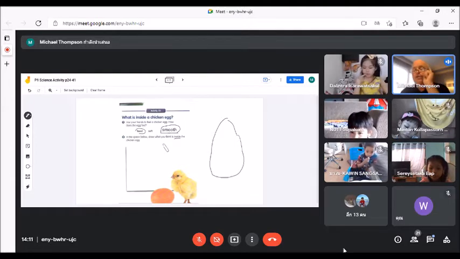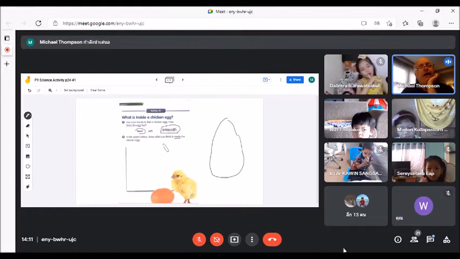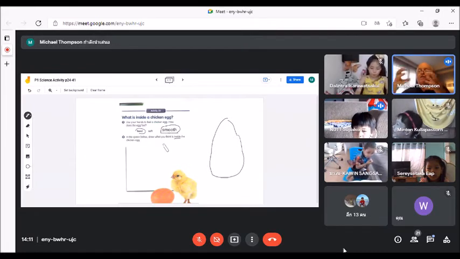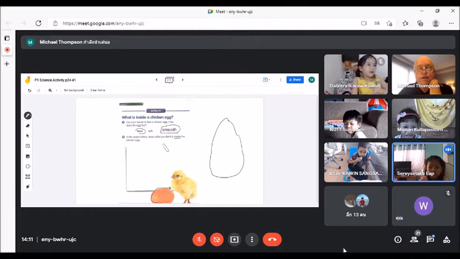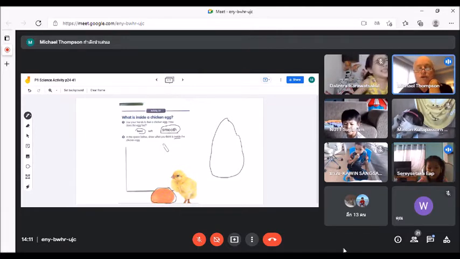We know what an egg looks like when we open it, but what does it look like when it's all inside? What do you think is in here? Not broken. So right here we have a chicken egg. What does that egg look like inside when it's an egg?